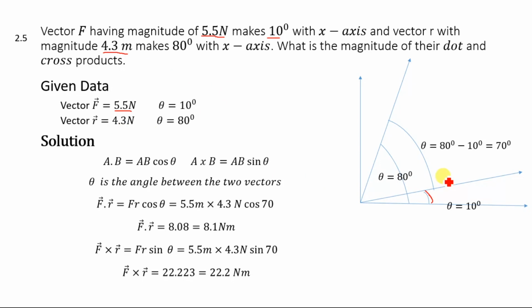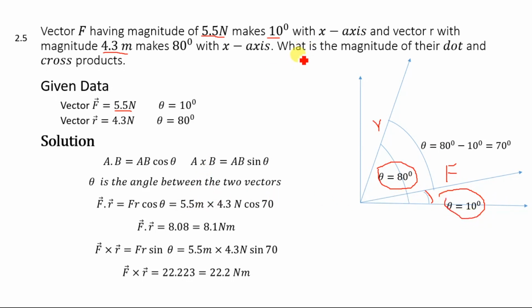This is vector F and this is vector r. The magnitude of vector r is given as 4.3 meter, and the angle of this vector r with the x-axis is given as 80 degrees. Theta is equal to 80 degrees. This theta is 10 degrees.